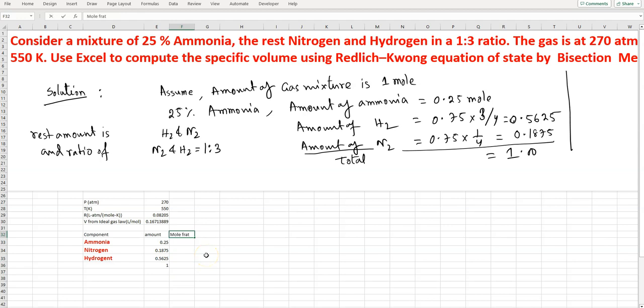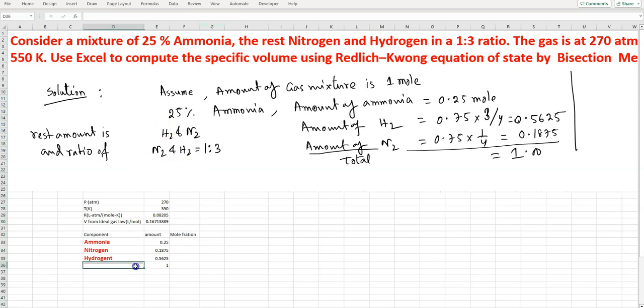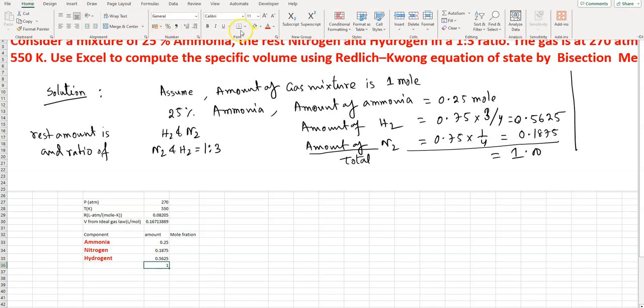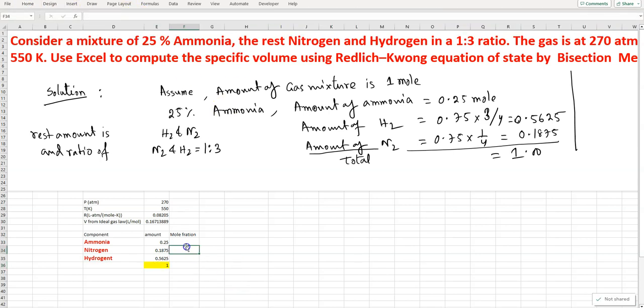Mole fraction means individual mole divided by total mole. So we know that mole fraction is equal to individual mole by total mole.